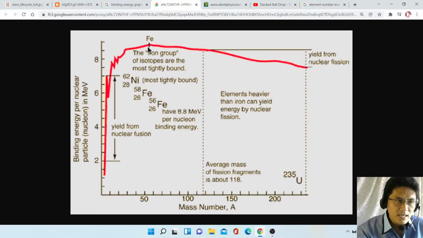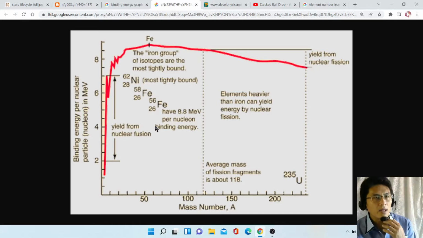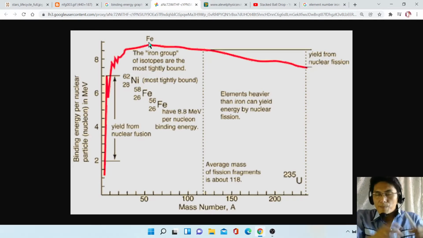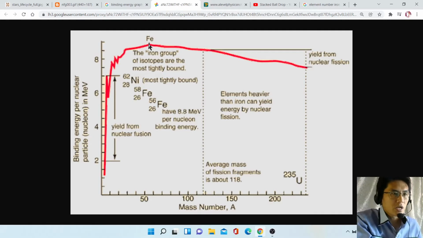What that means is that's the element with the highest amount of binding energy. So it's the strongest element. So the binding energy in the nucleus of that element is the strongest among all the elements, all the isotopes.